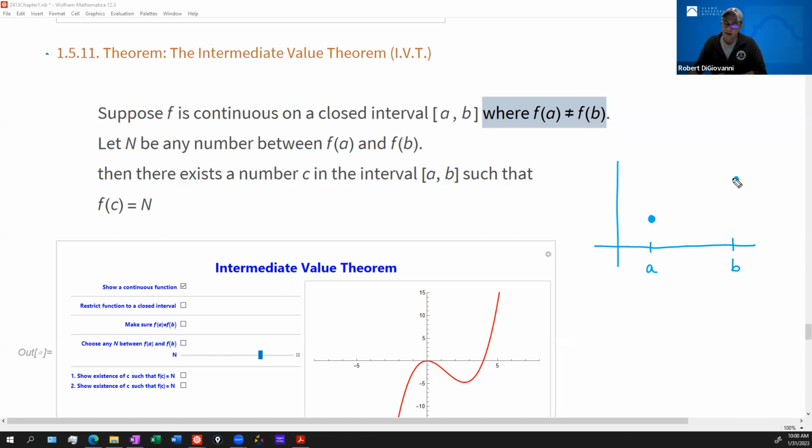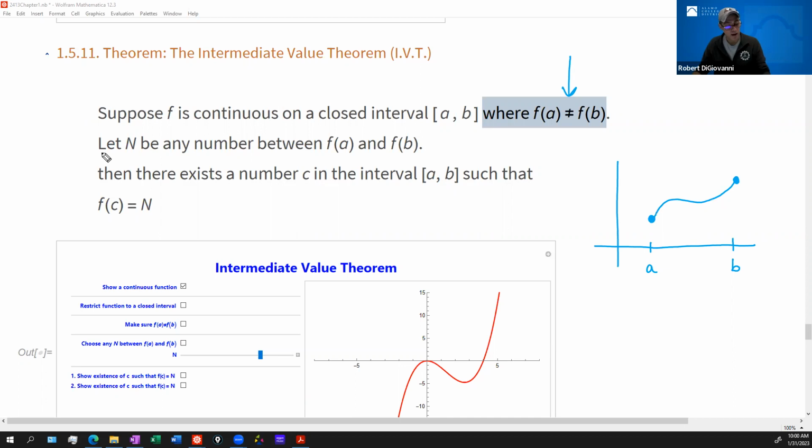So the height of these 2 points are not the same. That's what this is saying. And when I draw, I have to draw it so I don't pick up my pencil, right? That's what we're starting with. Let's act like we have a function that is just like this, continuous on that interval, and the 2 endpoints are not at the same height.